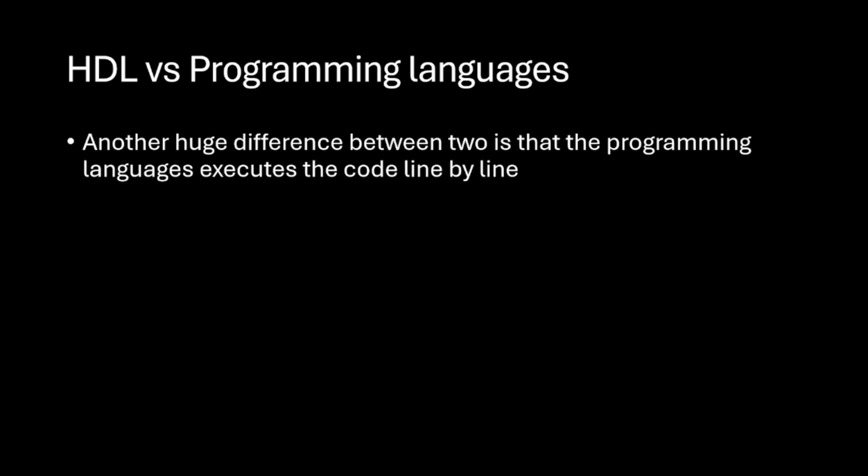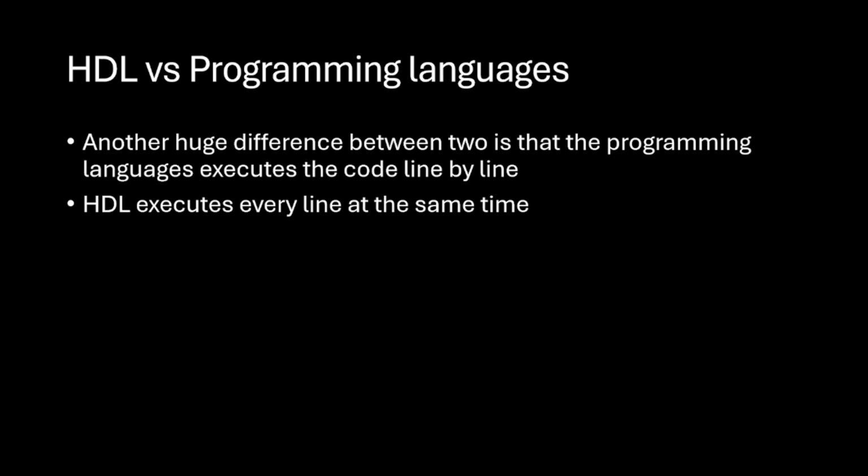Another huge difference between these two is that programming languages execute line by line. That means if you write a program, the execution starts from the first line, and after executing the first line, it will go to the next line. But HDLs don't work that way. HDLs execute in parallel. That means every statement in an HDL runs at the same time. Yes, you heard me correctly.